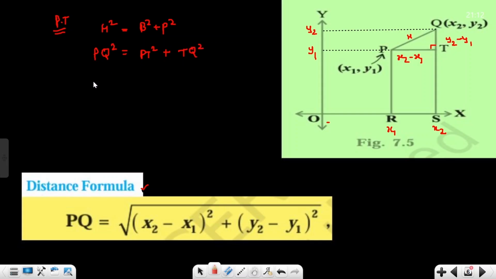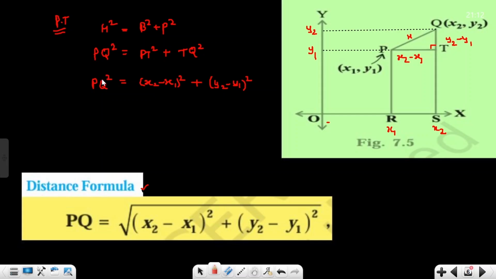So put the values: PQ square is equal to PT, whose value is x2 minus x1, whole square, plus TQ, which is y2 minus y1, whole square.